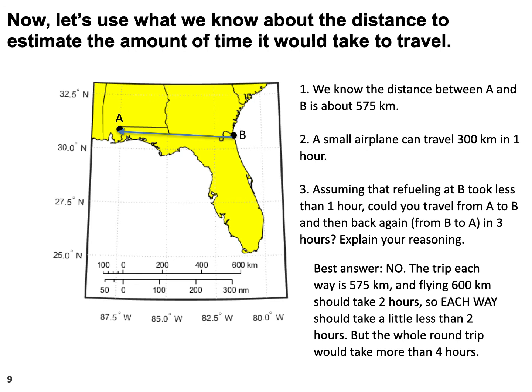So if we can fly 300 kilometers in 1 hour, that means we'd probably do about 600 kilometers in 2 hours. So that means each way, A to B and B to A, is going to take just a little bit less than 2 hours. So that means the whole round trip would take likely more than 4 hours unless you could refuel in 5 seconds. But you definitely couldn't do it all in 3 hours.